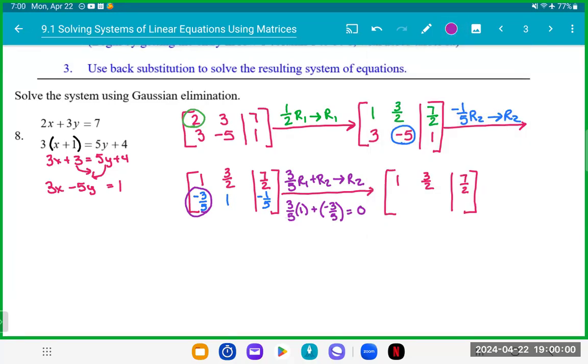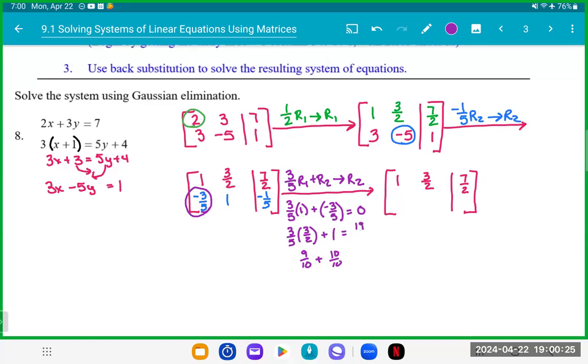Now we have 3/5 row 1. Now we have 3/2, right? Plus row 2 equals, so that gives me 9/10 plus 1, or 10/10, right?